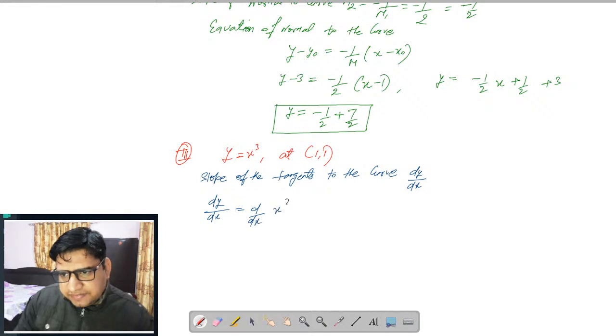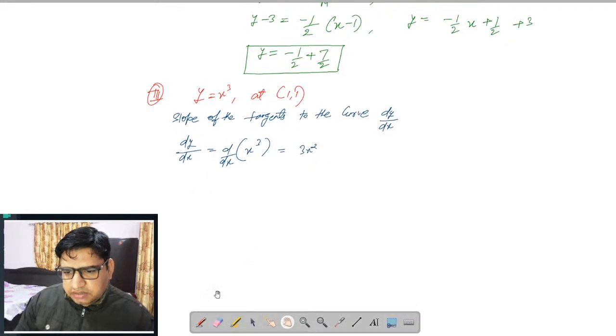Here y is given to us as x cube, so that will be 3x square. And we'll have to find dy by dx at the given point, x is equal to 1. So dy by dx will be equal to 3, because 3 into 1 square is 3.